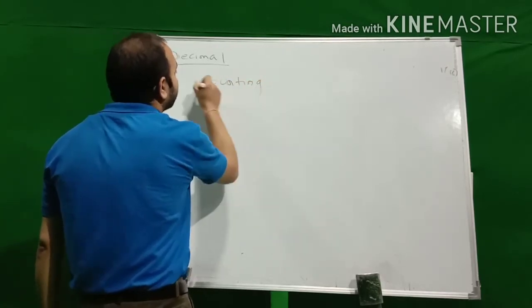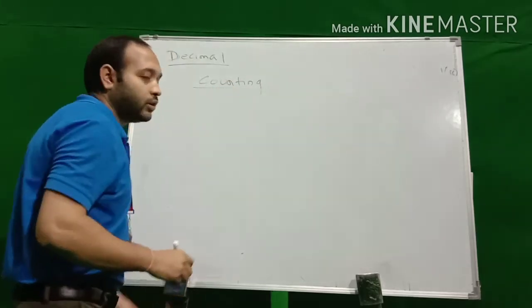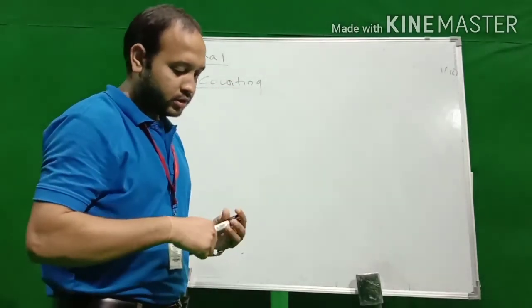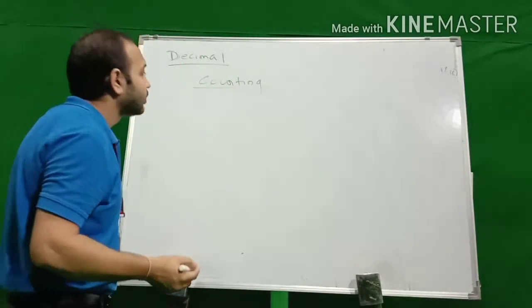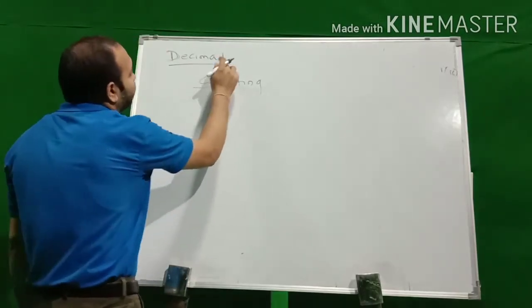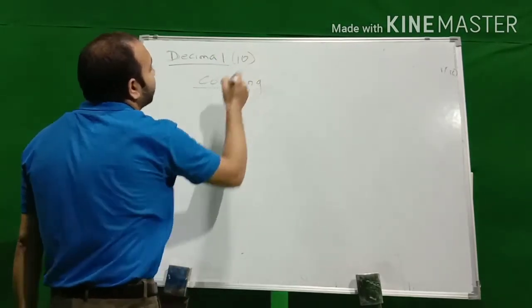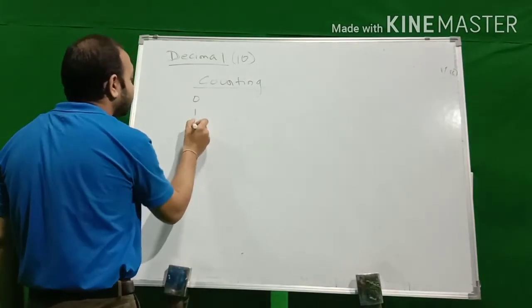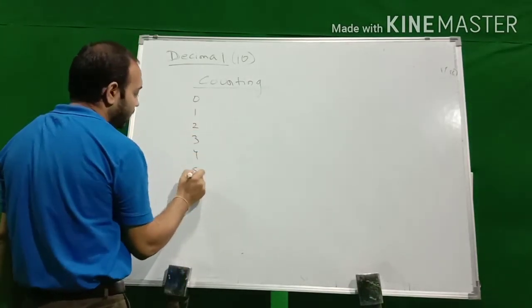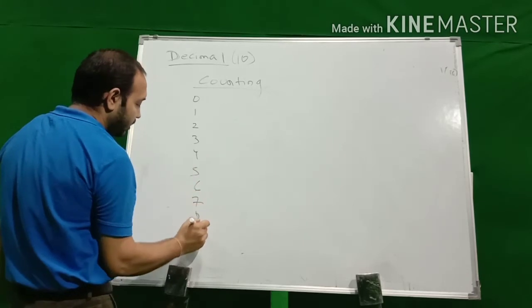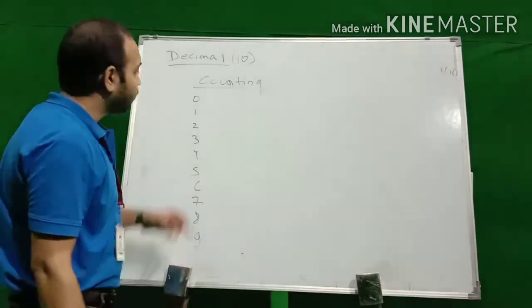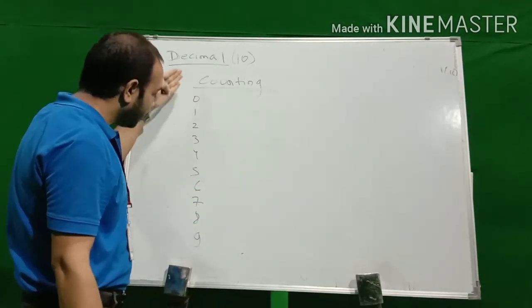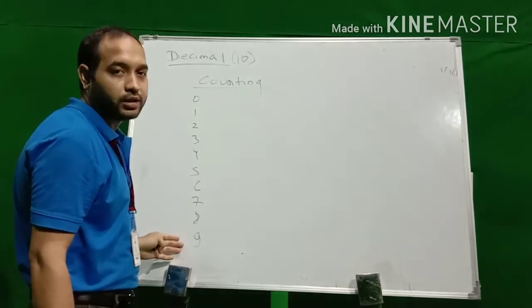I think we have followed counting from our childhood: 0 1 2 3 4 5, like this. In decimal we have 10 numbers, 0 to 9. So we write 0 1 2 3 4 5 6 7 8 9. Now we have used all our numbers, 0 to 9.